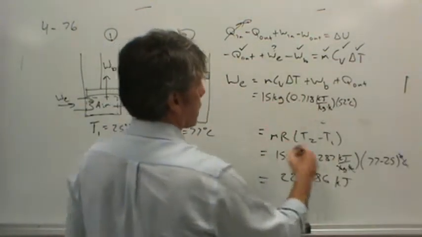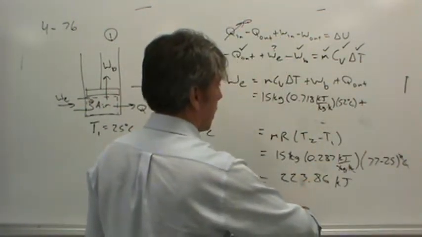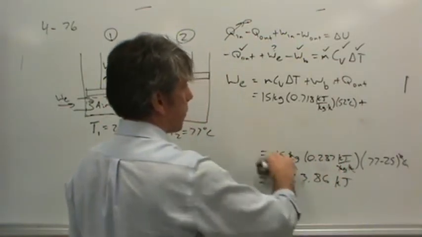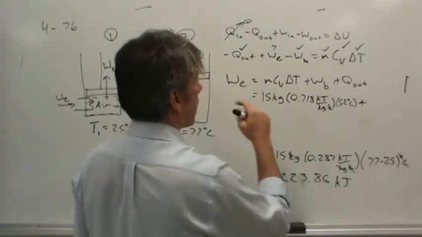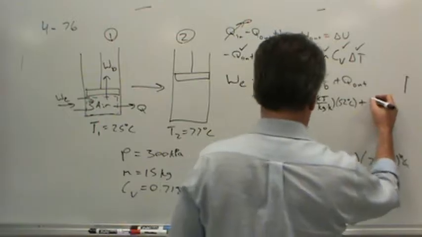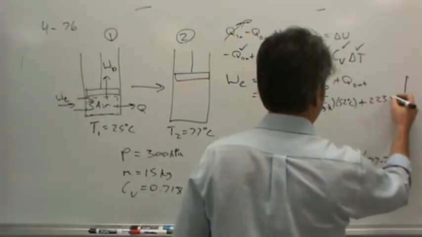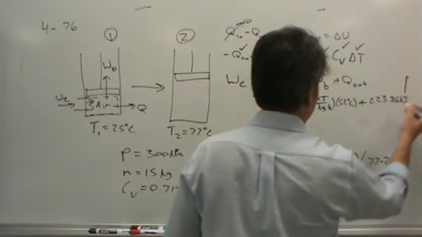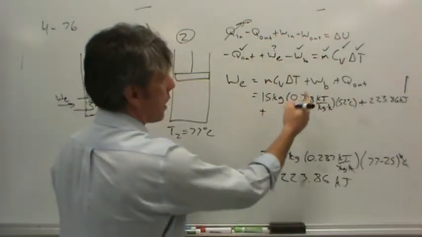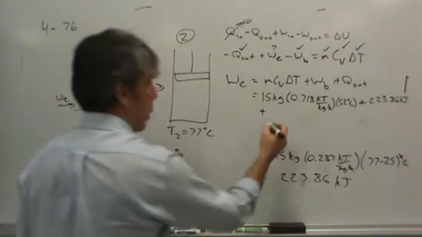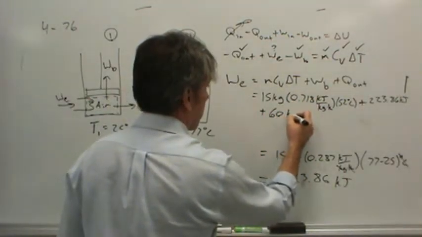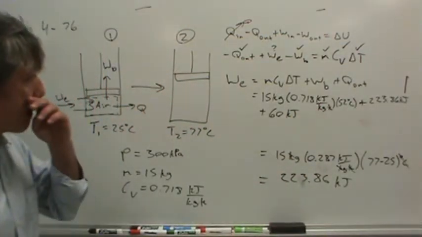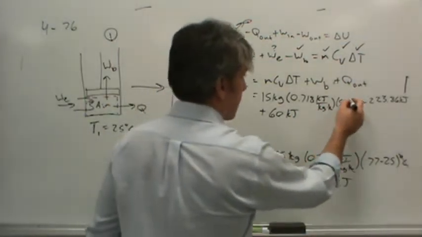So we've got this first bit, plus the boundary work, which we calculated, 223.86 kilojoules. Sorry, I'm out of space, so I've got to break the line and add Q out, which we were told was 60 kilojoules. Now let's see if everything cancels nicely.